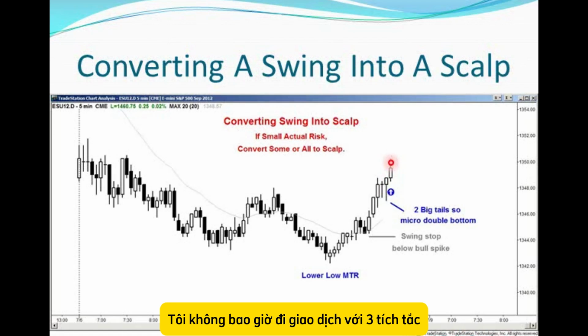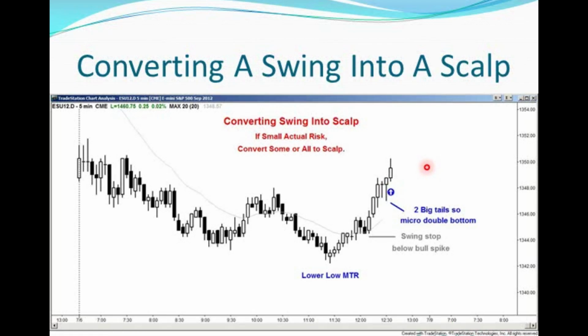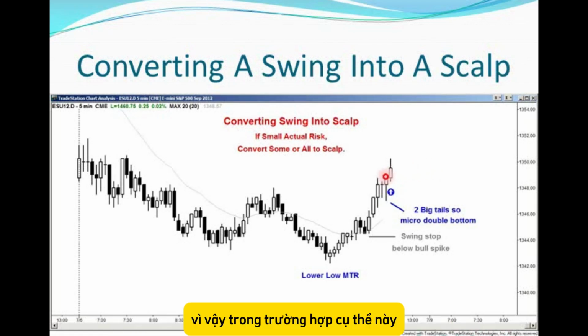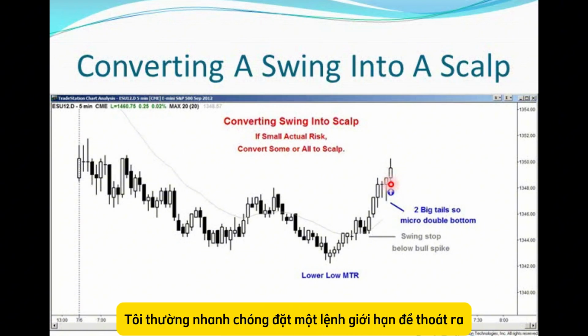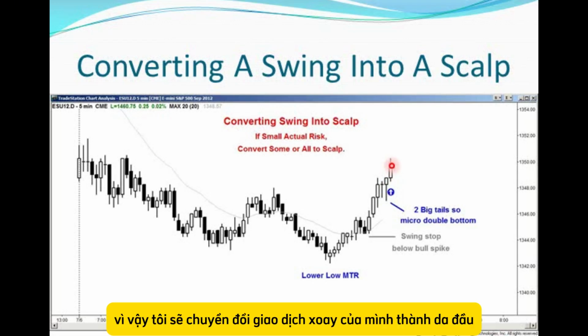I never go for a trade with 3 ticks profit in the E-mini, but I do sometimes go for 4 ticks. So in this particular case, late in the day, I often would quickly place a limit order to exit out 4 ticks above my entry, and I would have been filled. So I would have converted my swing trade into a scalp.